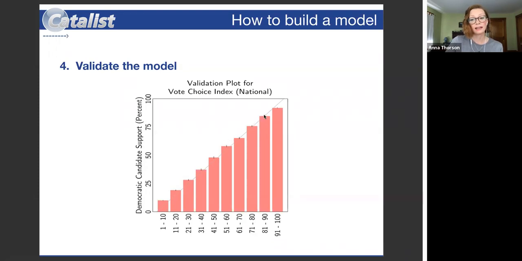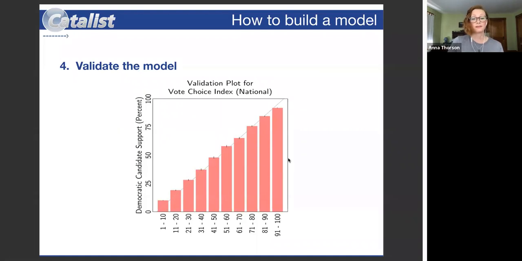And so what you get is this lovely little stair step kind of chart. And you see that as every score increases, they increase by the same amount of real world vote share. And that means that the model is well calibrated. It's a real probability. It's reflecting the actual probability of supporting a Democratic candidate.